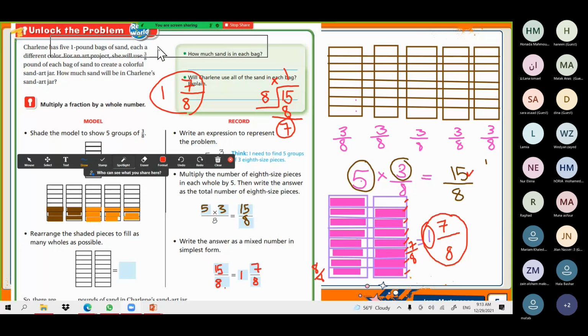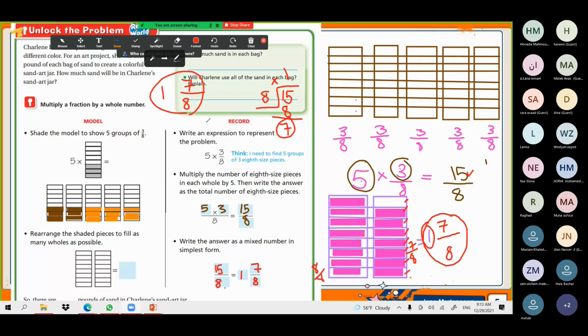Now I want you to recolor. Color this one and write the answers. In this case, color it like what I did here. Make them like this. Don't forget to color them.